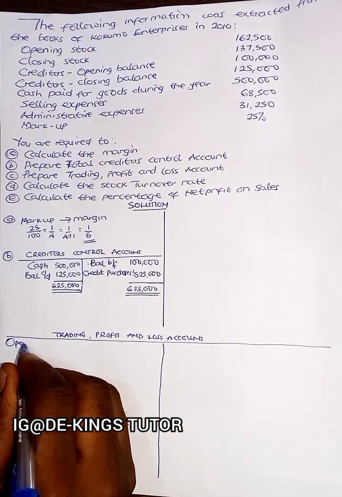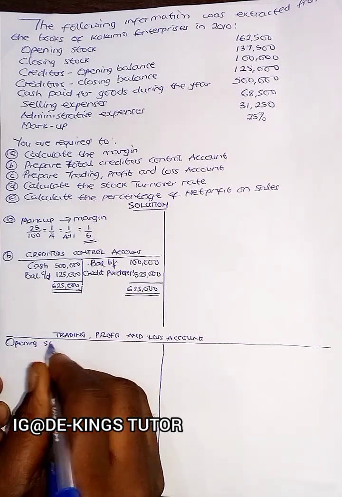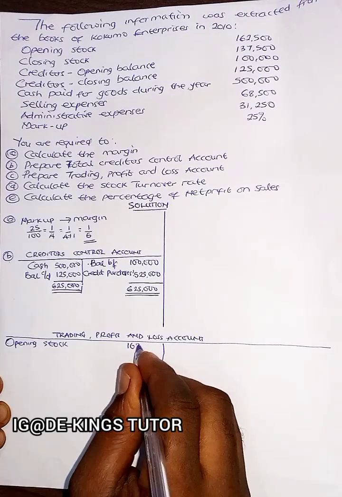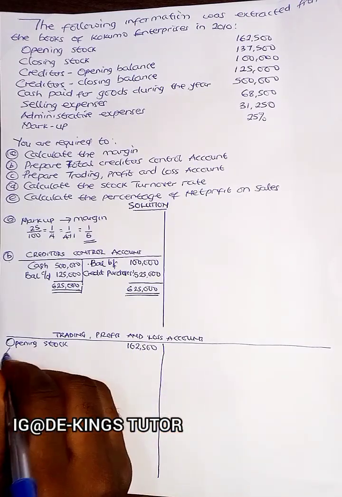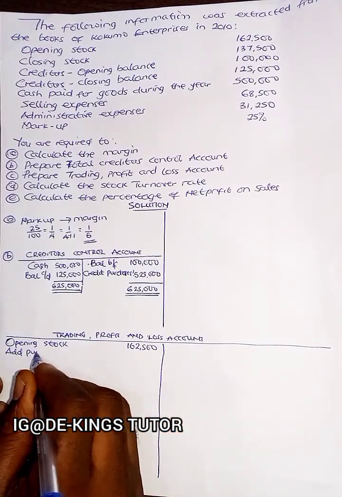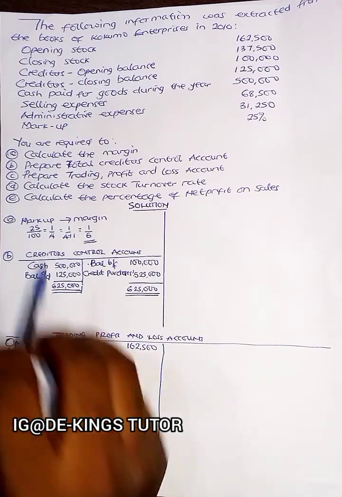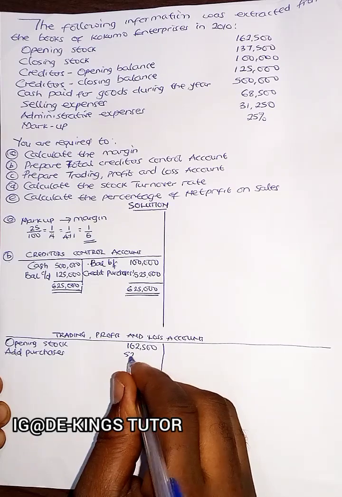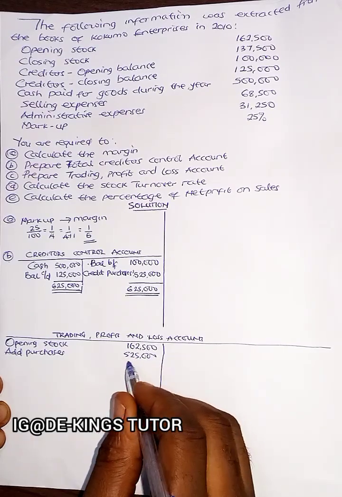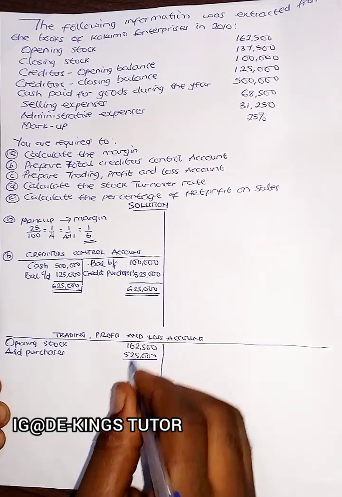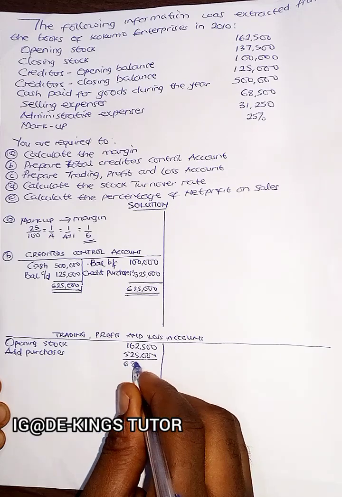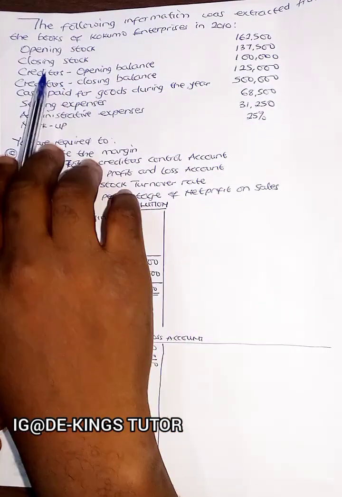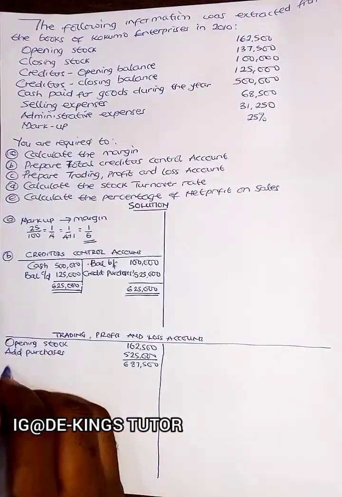We have our opening stock 162,500, we'll now add purchases. So it is these purchases we got from this, that's 525,000. So if we add it, this will give us 687,500. Okay, so there's no carriage inward. The next thing, let's close the stock 137,500.